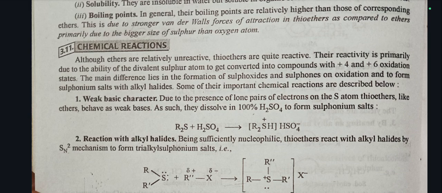Weak basic character. Due to the presence of a lone pair of electrons on the S atom, thioethers, like ethers, behave as weak bases. As such, they dissolve in 100% H2SO4 to form sulfonium salt. R2S plus H2SO4 gives R2SH positive HSO4 negative.